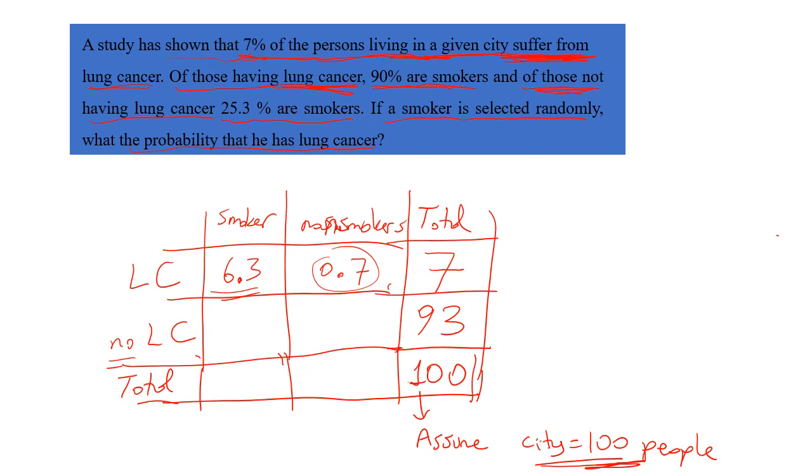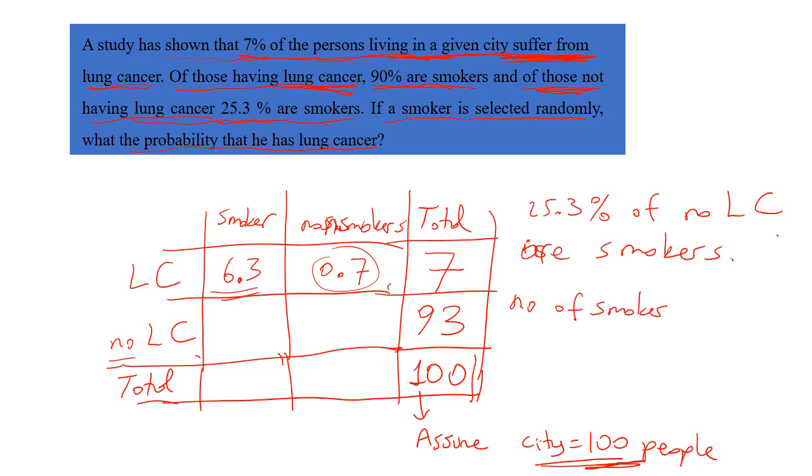Of those not having lung cancer, 25.3% are smokers. So 25.3% of no LC are smokers. What does this mean?